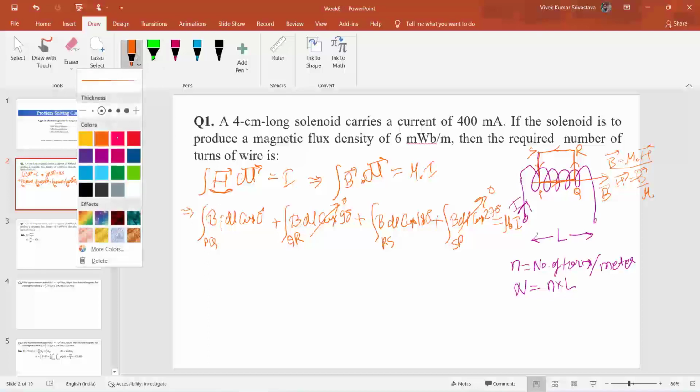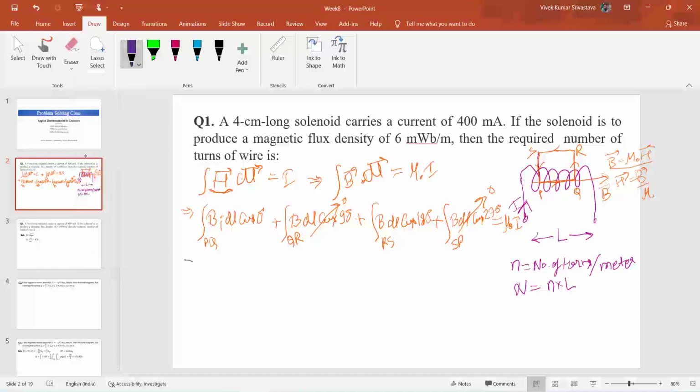Now, let me change the color. Here we define this dl, or what we can do is directly take the integral, so this becomes equal to B dot l, because the length of this Amperian path is l.